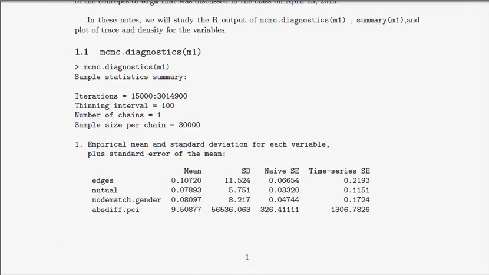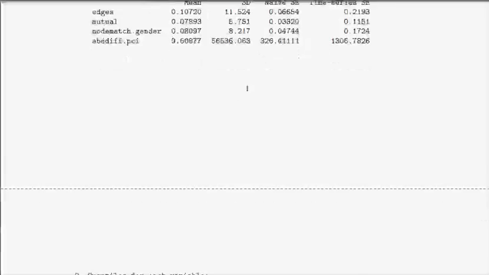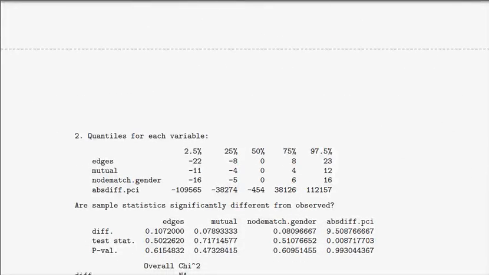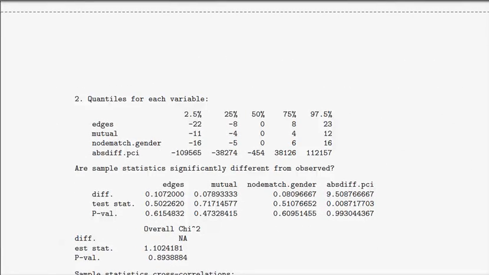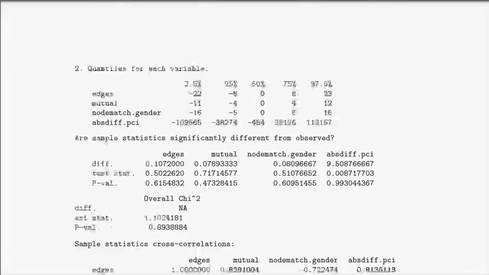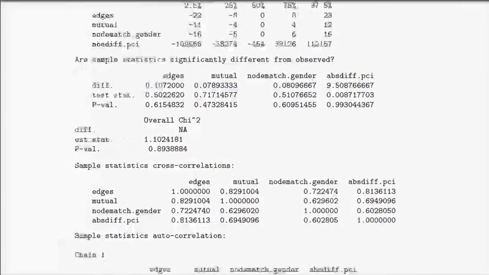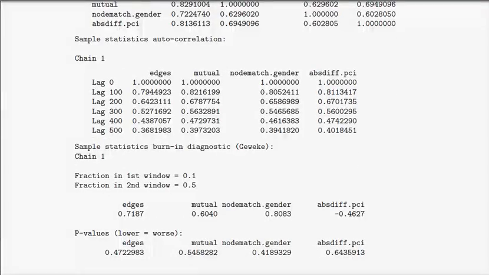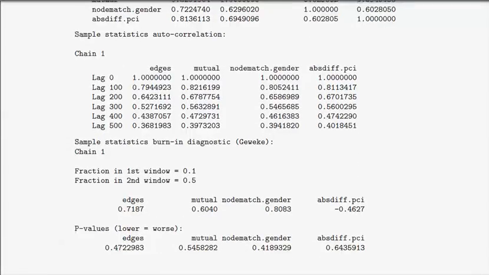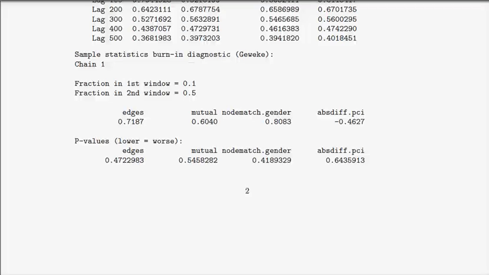We will talk about these in a few minutes. Then it gives the quantiles for each variable and some sample statistics. And then there is some information on autocorrelation. We will talk very briefly about it.